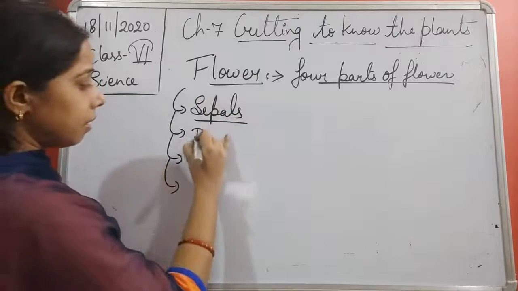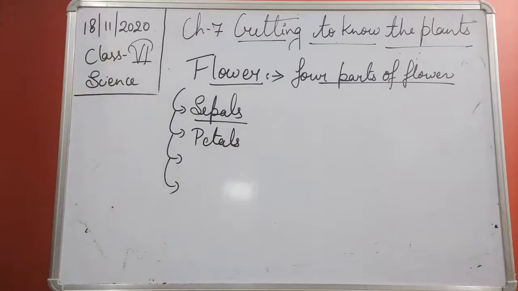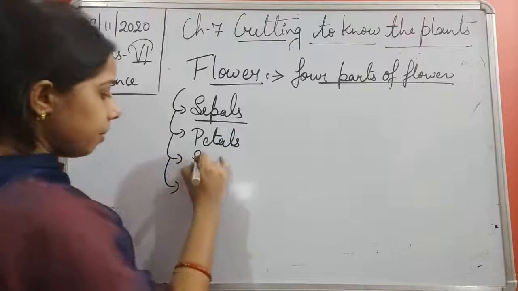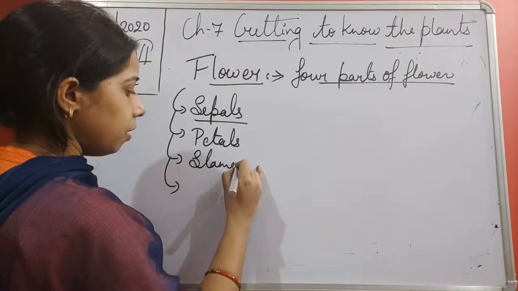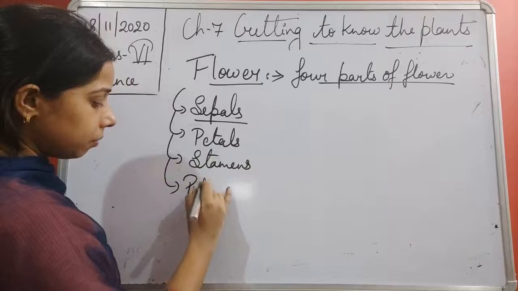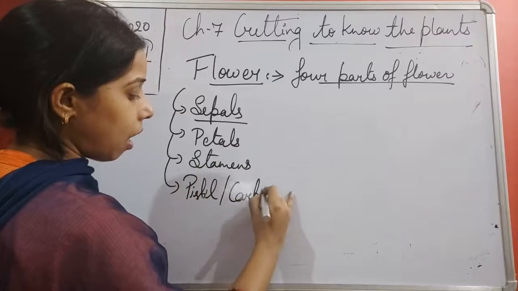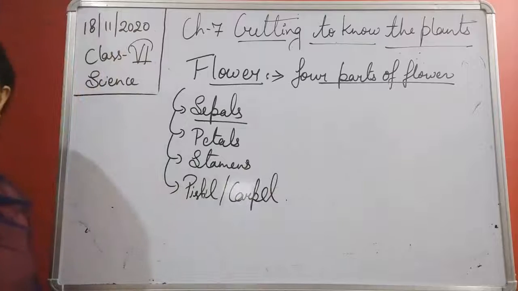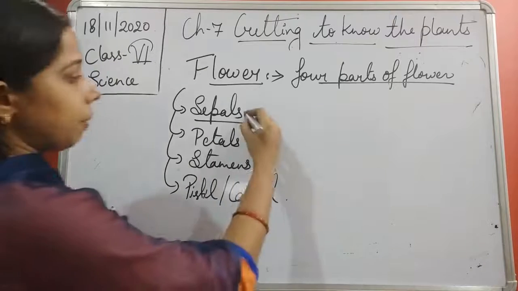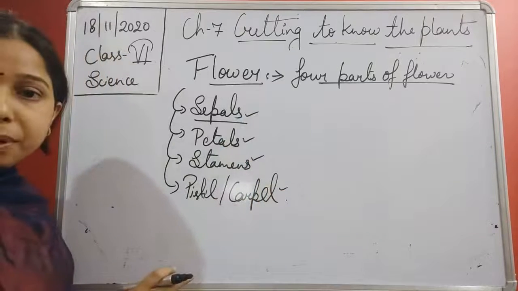Second one is the petals. Then stamens. And the last one is the pistil or carpel. Okay. Sepals, petals, stamen and pistil or carpel.